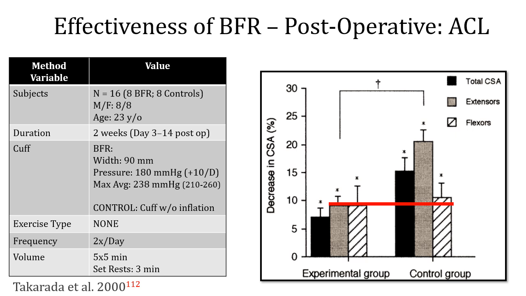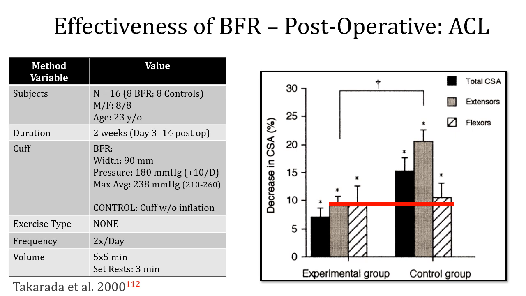The frequency was 2 times per day, and the bolus was a 25-minute session, right? So you did 5 times 5 minutes with 3-minute rest in between. And so you can see in the histogram here, on the y-axis, you have a decrease in cross-sectional area as a percentage of the muscle mass.